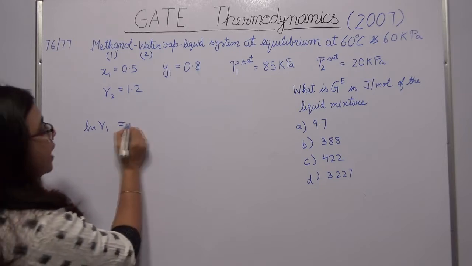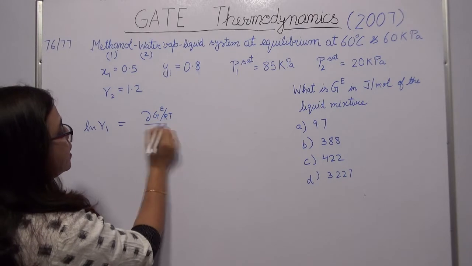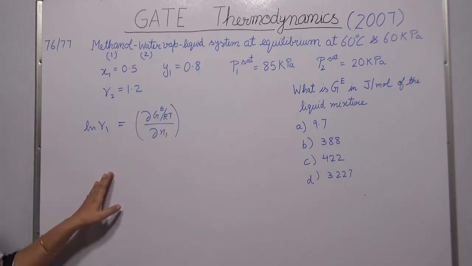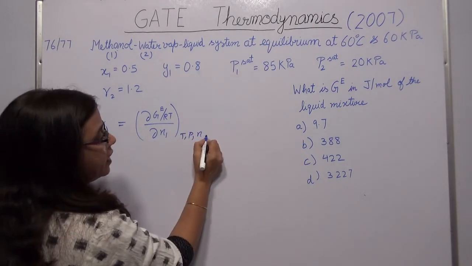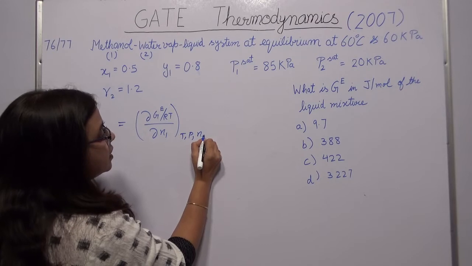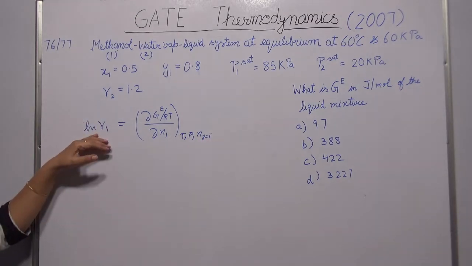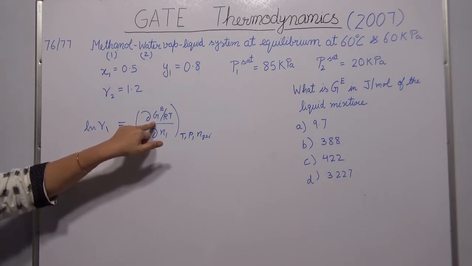What it means is that if you take a partial derivative of GE by RT with respect to N1, while keeping temperature, pressure and all other N_j constant where j is not equal to i, you get ln gamma 1.